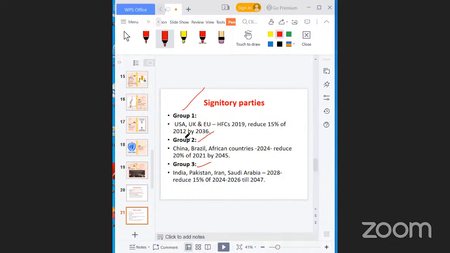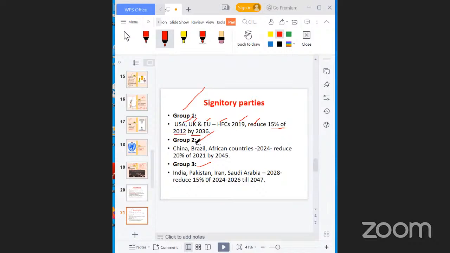The first group consists of rich and developed economies like the USA, UK and EU countries, who will start to phase down hydrofluorocarbons by the year 2019 and reduce them to 15% of 2012 levels by 2036.